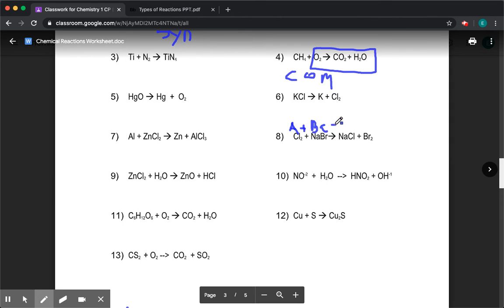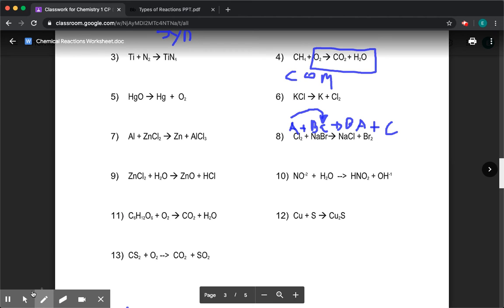And then what are we making? Sodium's my B, but now it's connected to A. So now we have BA plus C. So what happened here? A kicked out C. And now A is partnered up with B and C is by itself.